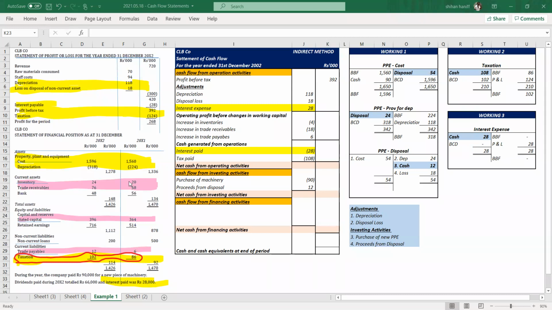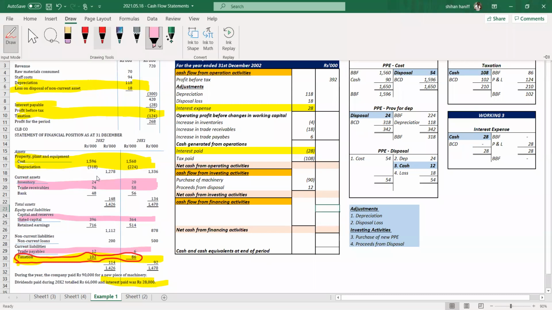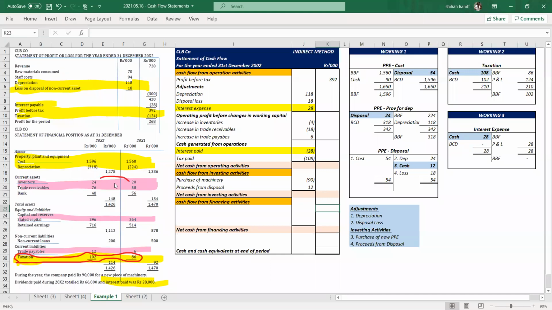Right? So see here, inventory increased by 4. When the inventory increases, it means that you have purchased. Therefore, we have to deduct. Negative relationship. Plus means minus.